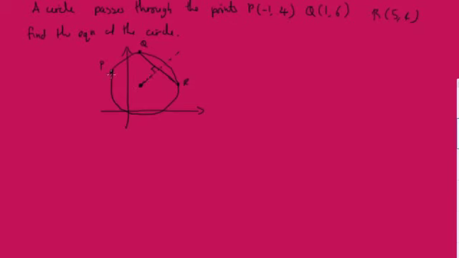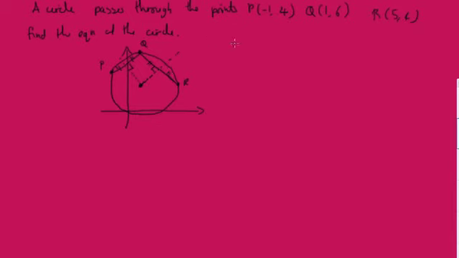We also have a chord between P and Q. We'd have another bisector. That doesn't look like a bisector, but it is. That's perpendicular, and these are equal in length.